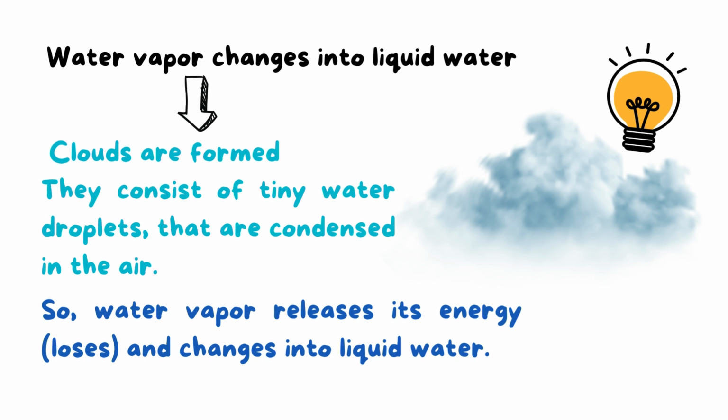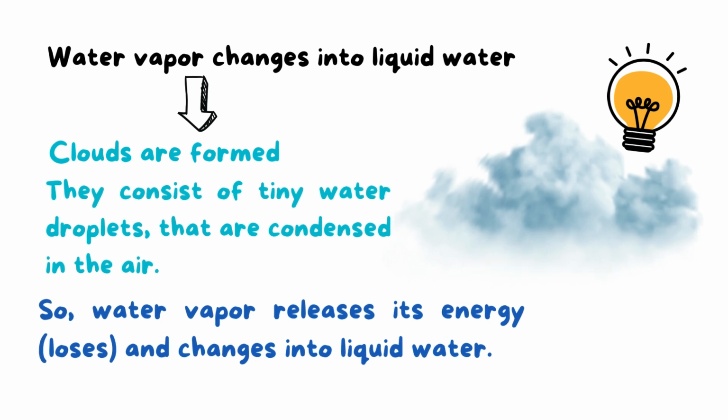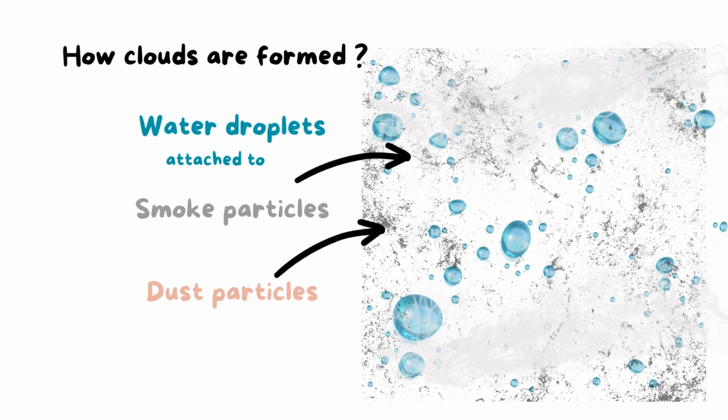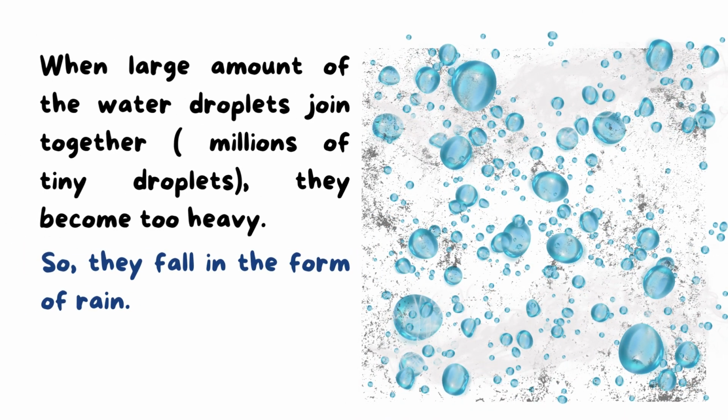If you want to know how clouds are formed, they are formed from small water droplets attached to smoke particles and dust particles, all of them together. When a large amount of water droplets, millions of tiny droplets, join together, they become too heavy, so they fall in the form of rain.